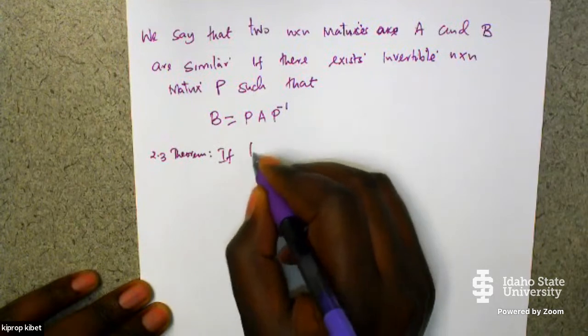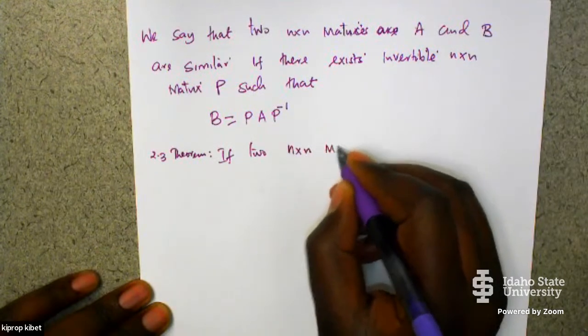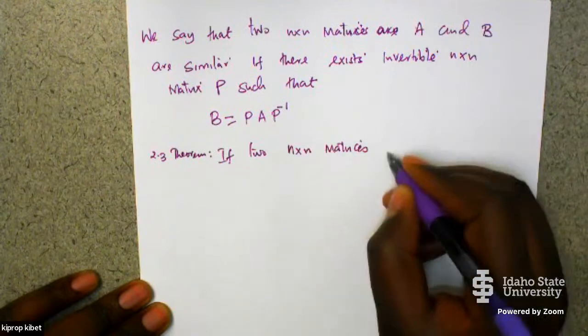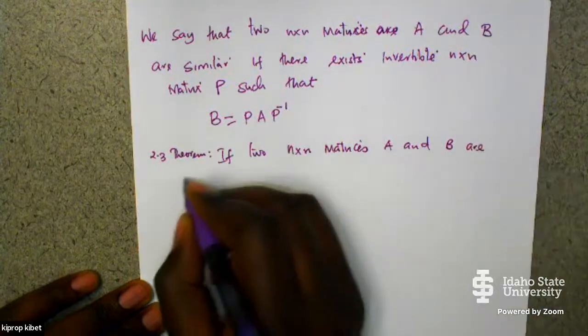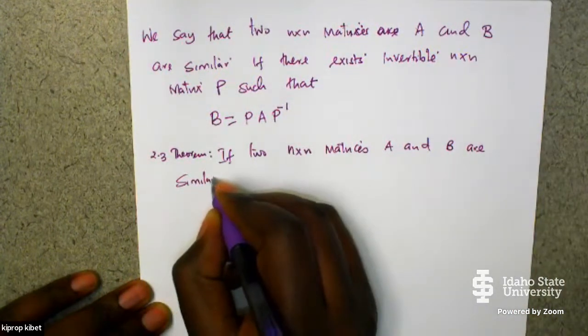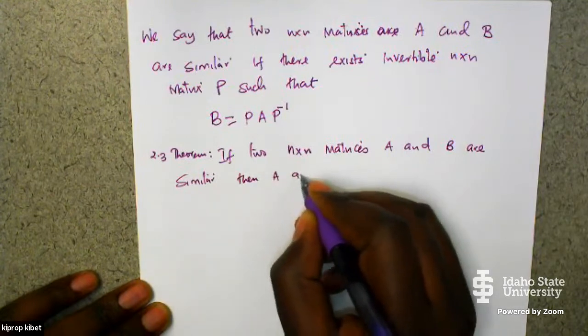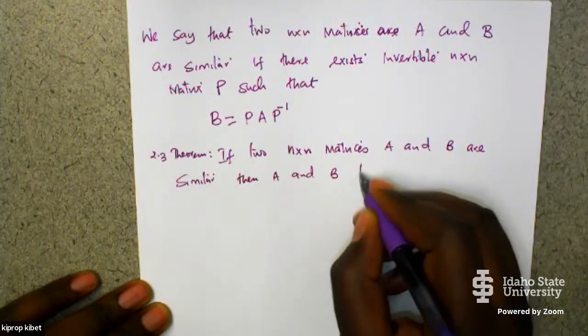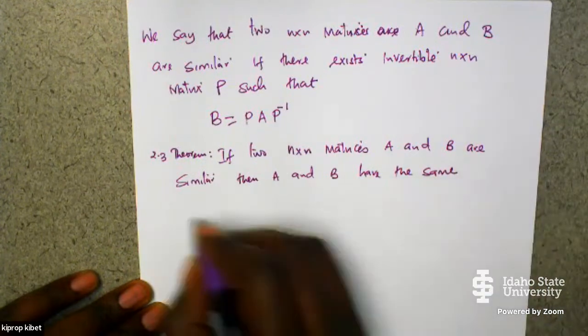If two n by n matrices A and B are similar, then A and B have the same characteristic polynomial.